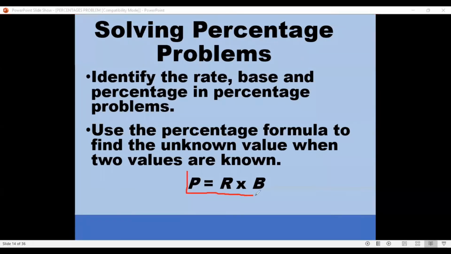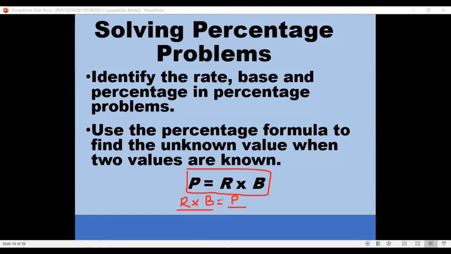If you are given the basic formula for the percentage, P is equal to R times B, and we just want to find the rate, we just interchange the left side and the right side of the equation, so that the variable R will be on the left side. So again, R times B is equivalent to P.